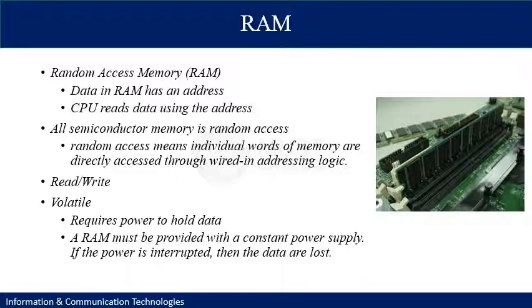So all semiconductor memory is random access memory, and random access means individual words of the memory are directly accessed through wired-in addressing logic. In the RAM you can read the information and write the information back to the memory. It is again a volatile memory, it requires power to hold the data. A RAM must be provided with a constant power supply, so if the power is interrupted, the data is lost.